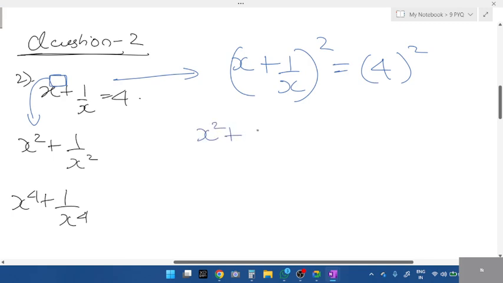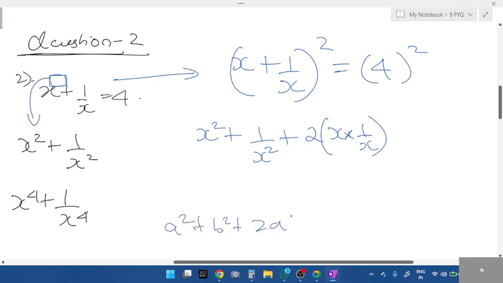a square plus, correct, x into 1 by x. a square plus b square plus 2ab, students. Multiplication is equal to 2. What is required?